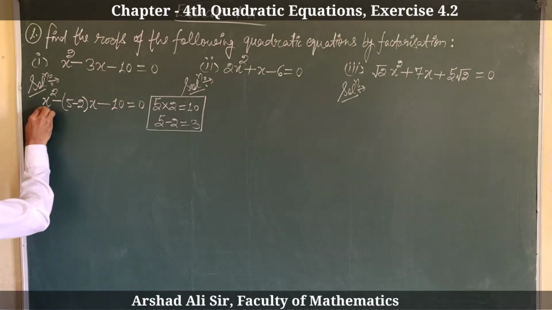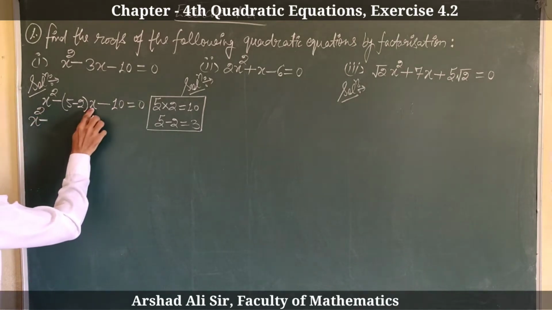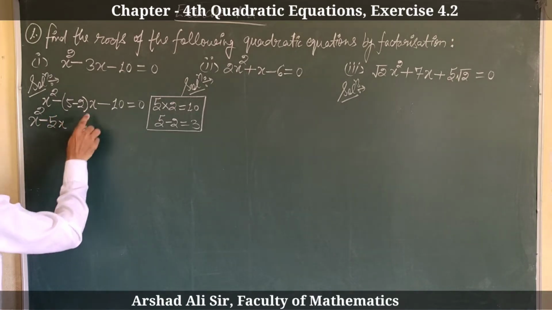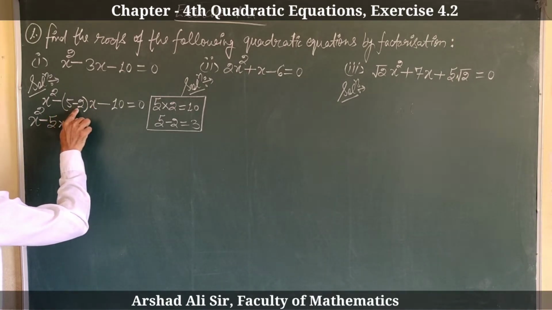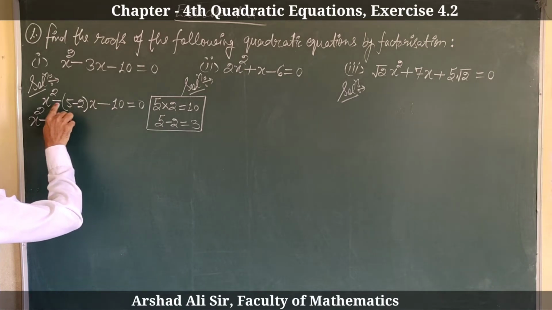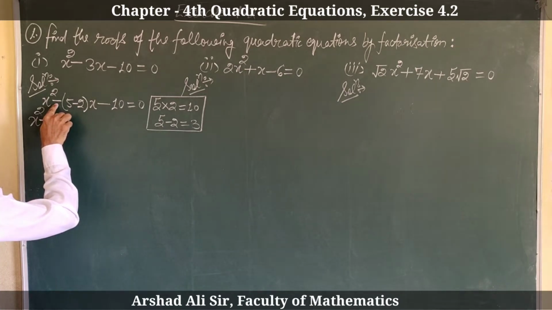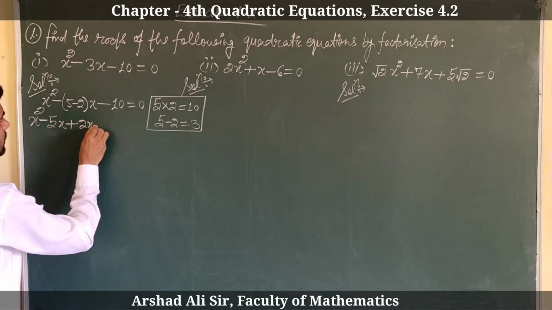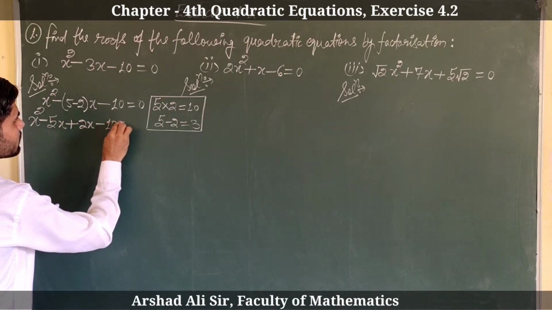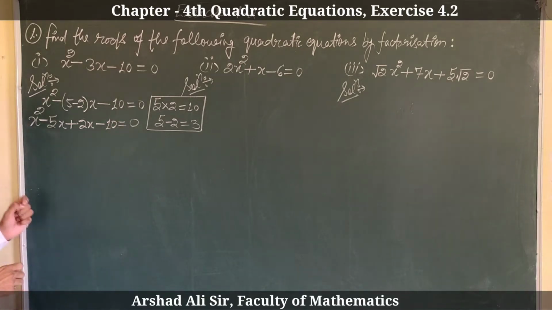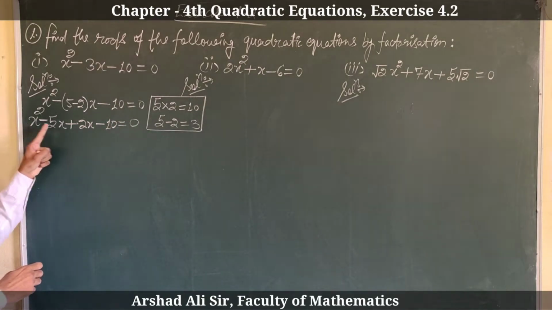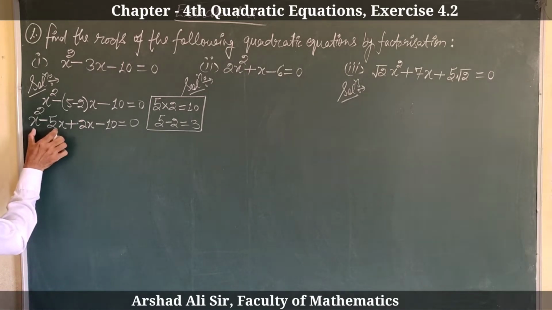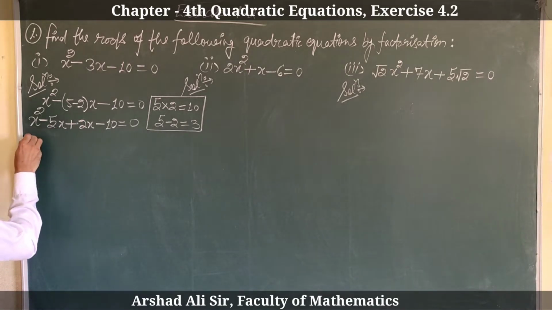Now x square minus x multiplied by 5, 5x, x multiplied by minus 2, minus 2x, and this is also a negative sign. Negative will be positive, plus 2x minus 10 is equal to 0. Now we have these four terms. We can take x as common from the first two terms.